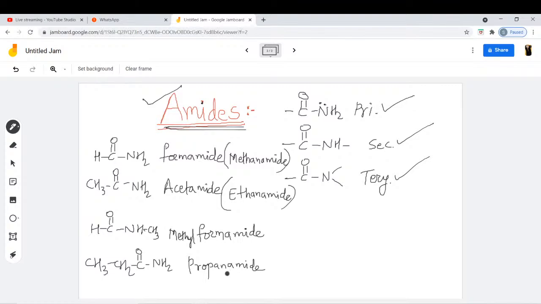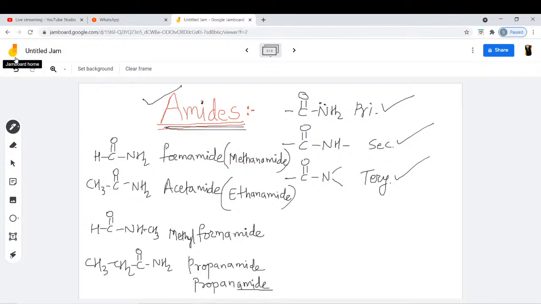It is also the same: the E of propane is replaced by amide. So propanamide, butanamide, pentanamide, like this. Quite easy.